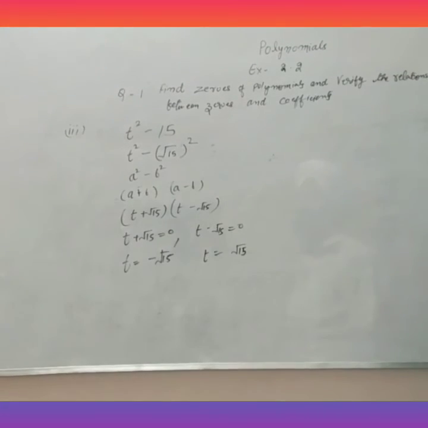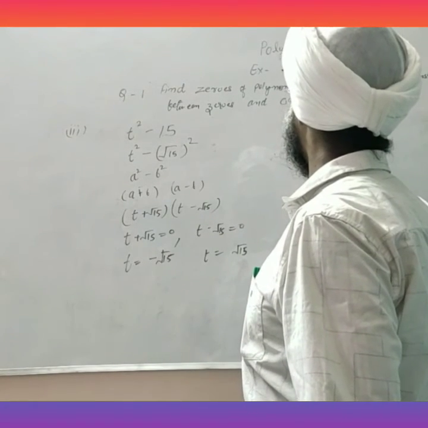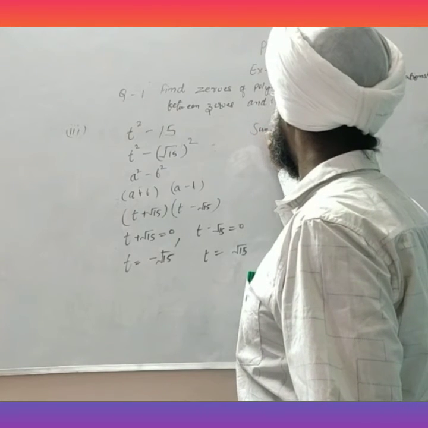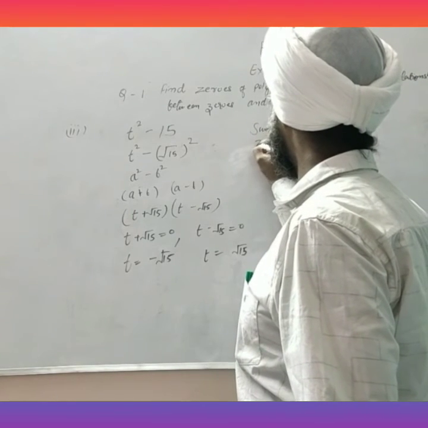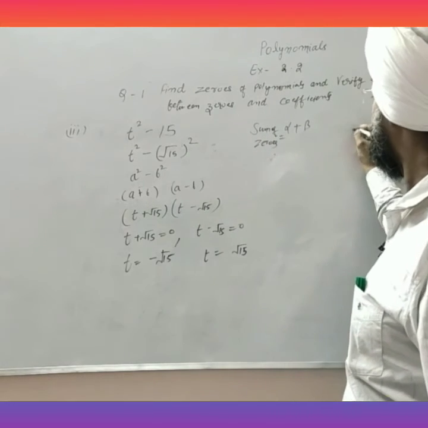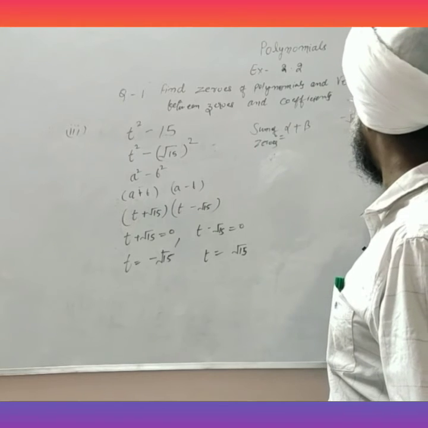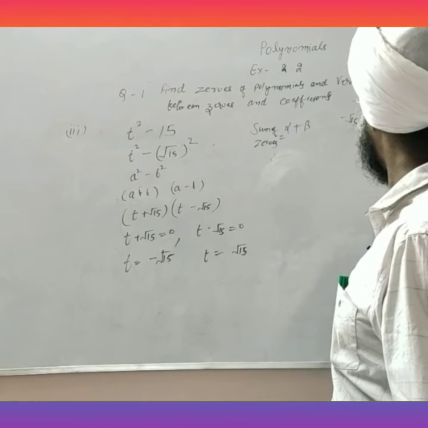Right? Now I have to find out the sum of the zeros, alpha plus beta. Sum of the zeros is minus root 15 plus root 15 equal to 0.